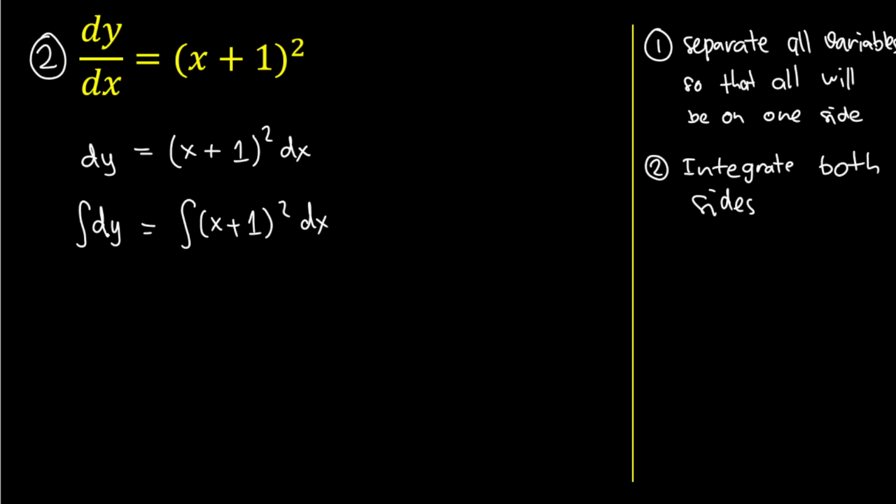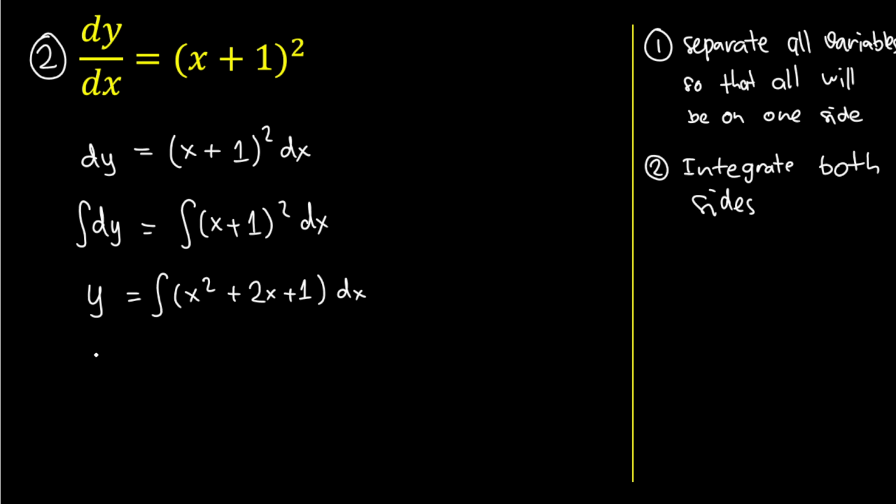Okay. Integral of dy is just y plus some constant, but I will move the constant later to the right hand side. So I just write it as y. And here I think I will just use this property here. So I will have x squared plus 2x and then plus 1 multiplied by dx.